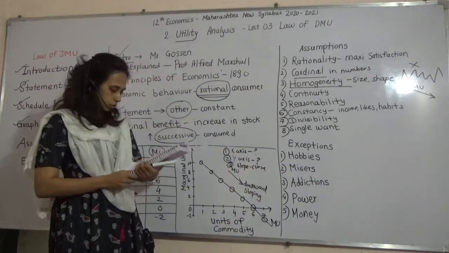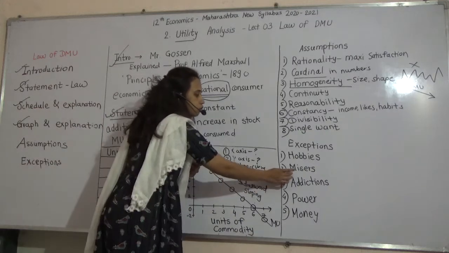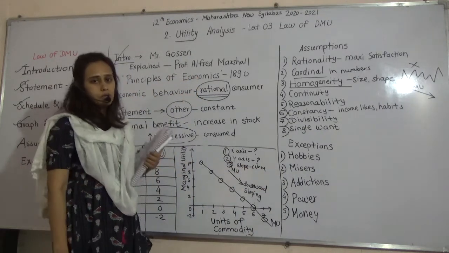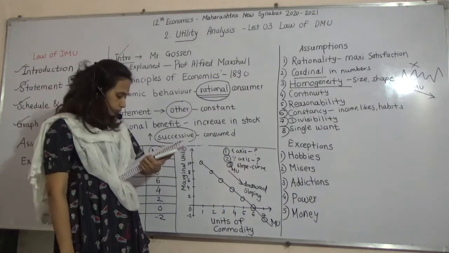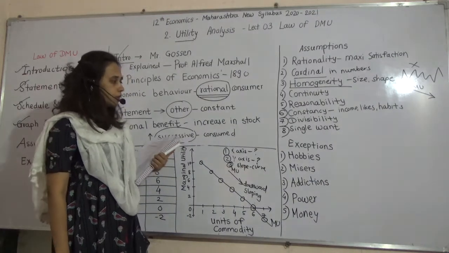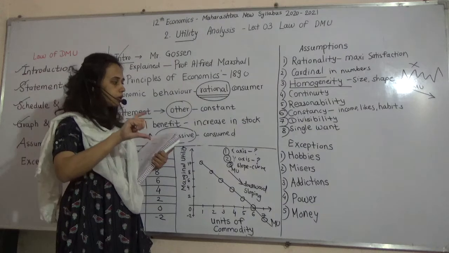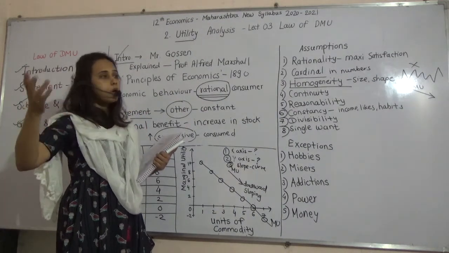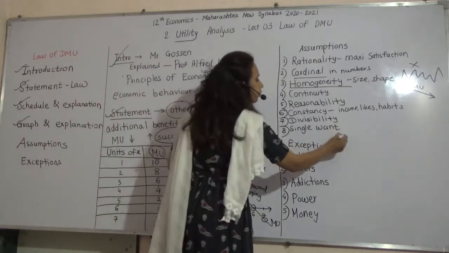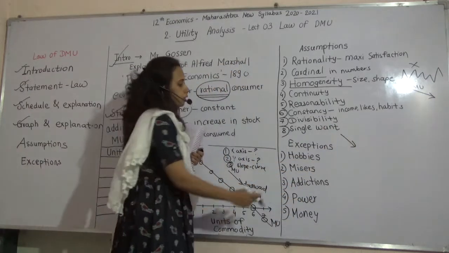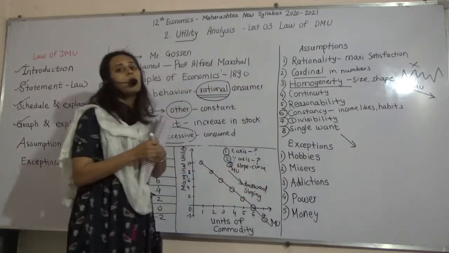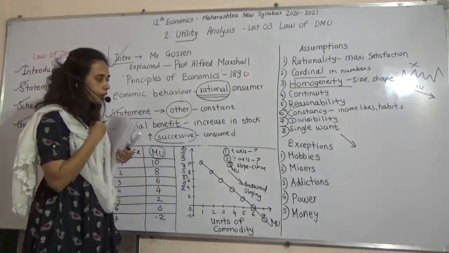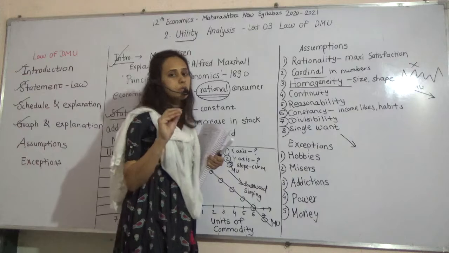Next, addiction. What are addictions? Addictions are nothing but habits. Take the example of a drunkard. When he drinks the first glass, he gets satisfaction, second more, third more. We are saying that it reduces or falls, but in this case the drunkard gets more and more satisfaction, because we know that the drunkard is an irrational person.